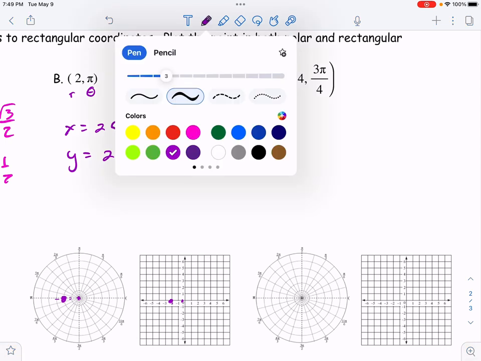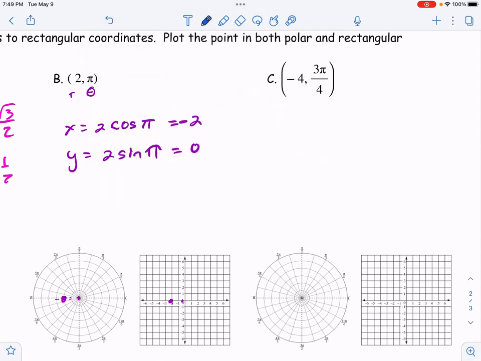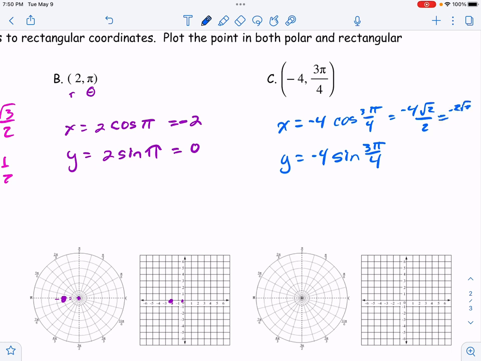All right, let's do one more. So x is equal to negative 4 times the cosine of 3 pi over 4. And y is equal to negative 4 times the sine of 3 pi over 4. Okay, the cosine of 3 pi over 4 is negative root 2 over 2. So you get 2 root 2.